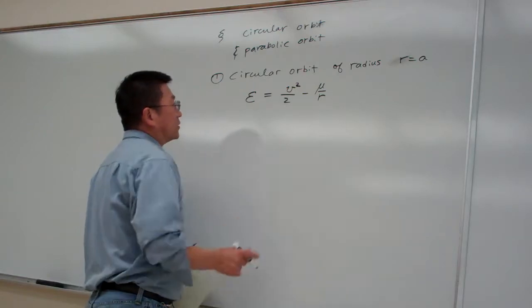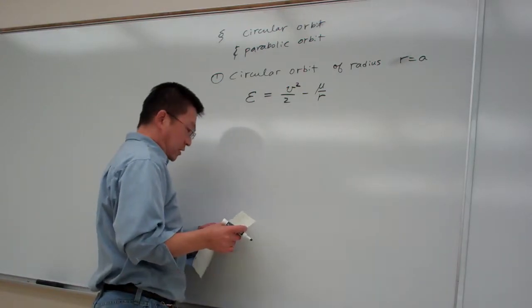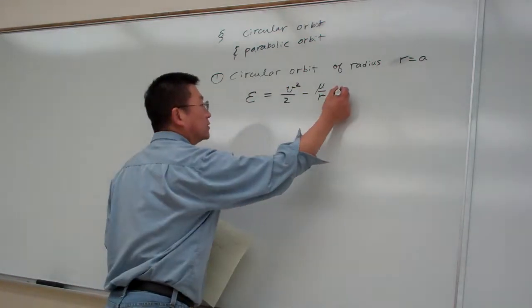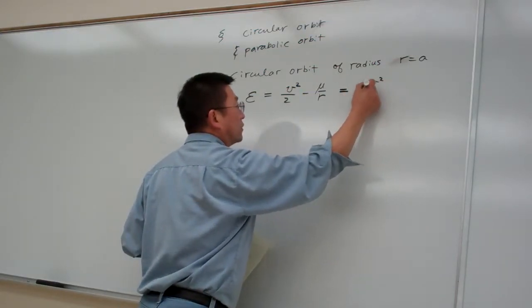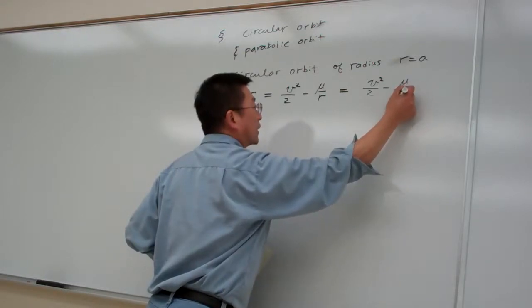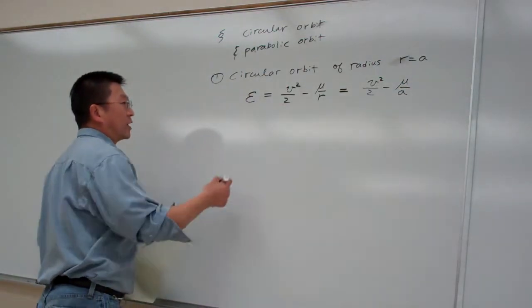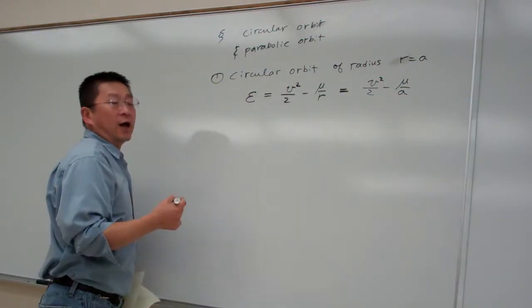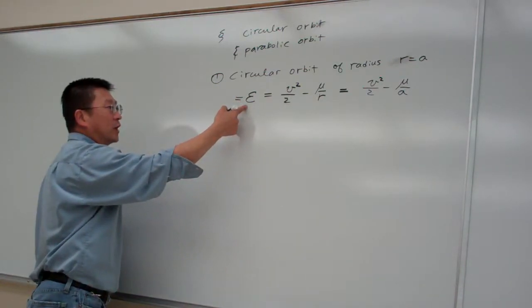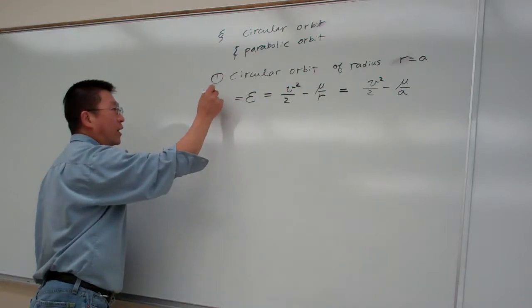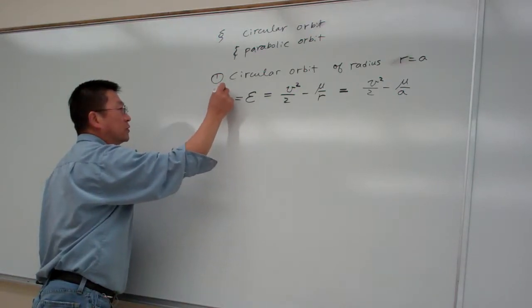So under these situations, when we plug in r equal to a, that is v squared over 2 minus mu over a. Okay? So simply by introducing r equal to a. On the other side, in general this mechanical energy also can be described by minus mu divided by 2a.